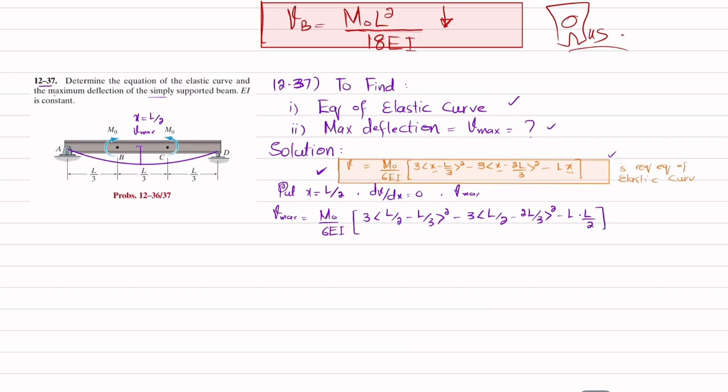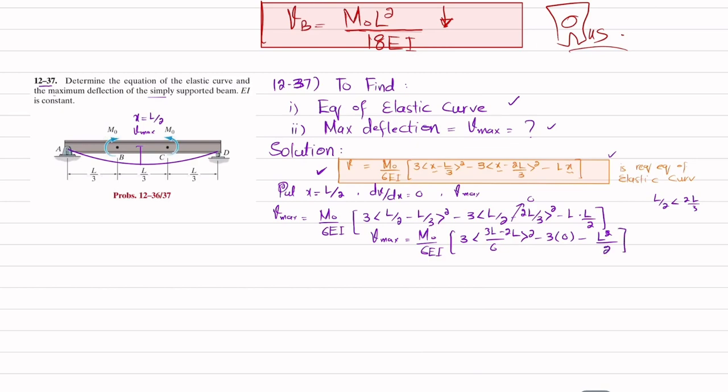Okay, so Vmax will become m naught over 6 EI into 3 multiplied by this, if we take the LCM, so this will be equal to 6. So 3L minus 2L square, minus this term will be equal to 0 because L by 2 is less than 2L by 3, so it will be a negative term and this term will be 0, minus 3 into 0 minus L square over 2.